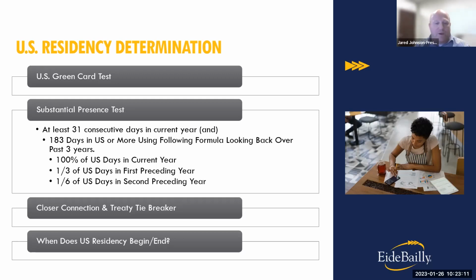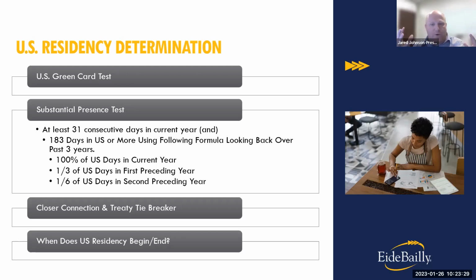The other big issue here is when does that US residency really begin or end? Generally, your first day of presence in the US is your start date, your residency date in that year coming into the US. Now, there's a 10-day de minimis rule that you can apply.